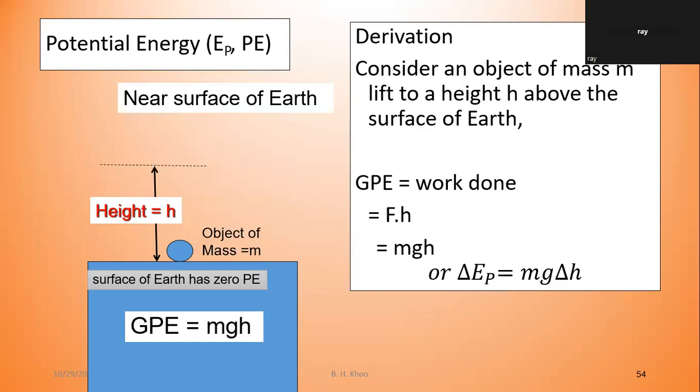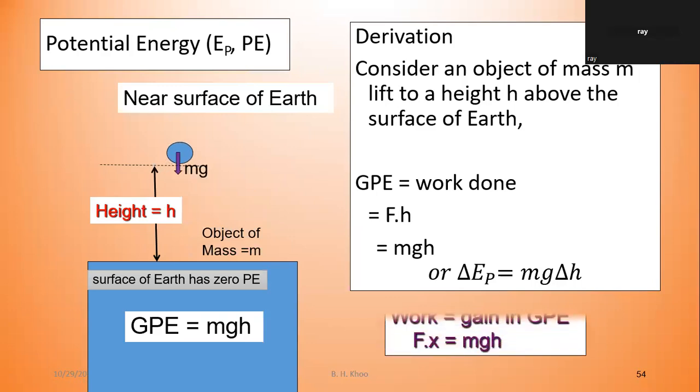So an alternative way of writing it is change in potential energy equals mg delta h. You can call this delta h if you don't want to call it h. So we are just using work done equals gain in potential energy.